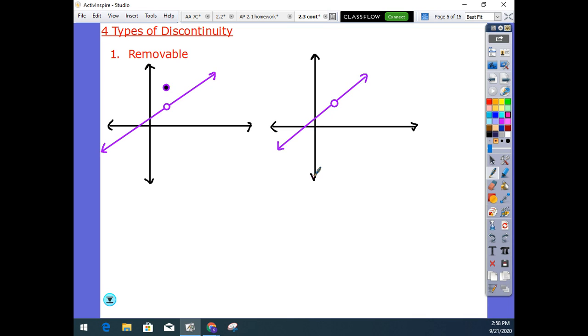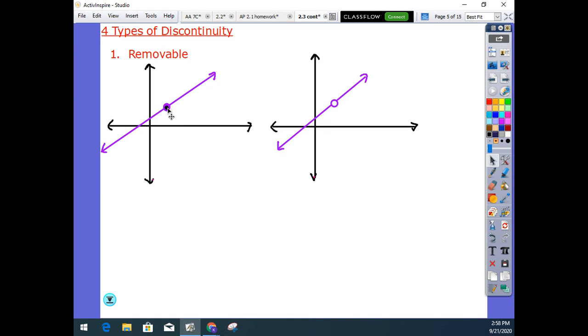Both of these are considered removable. Removable is if you can remove the discontinuity. So see how the limit exists, but it doesn't equal the y value? We could remove the discontinuity by just dragging the solid point and dragging it down to fill in the hole.